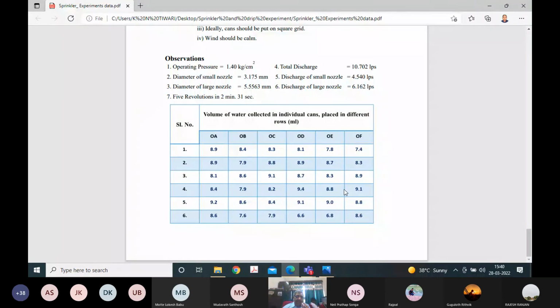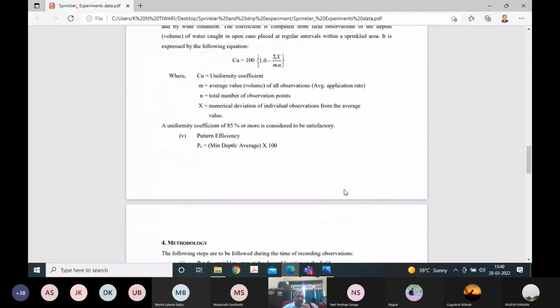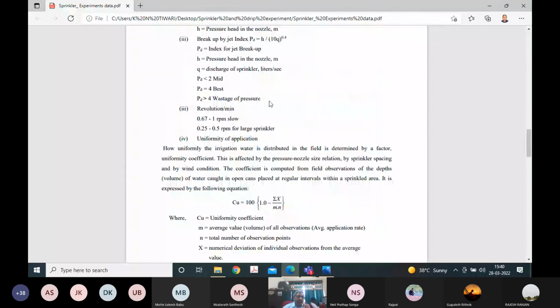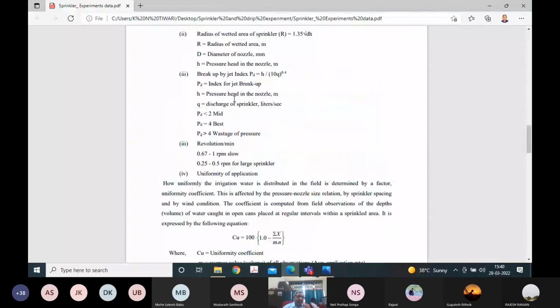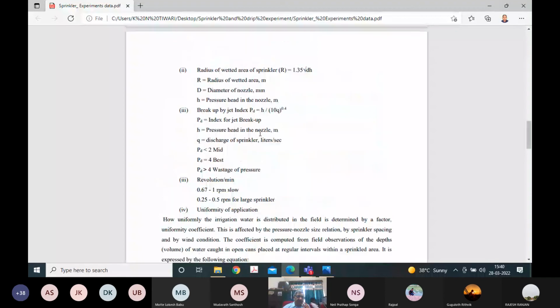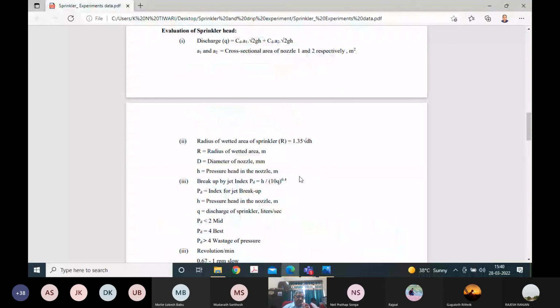What else do we have to find out? Pattern efficiency, yes. You find out what the PD is, the breakup index. And similarly, because this value we have not measured here, data is not available, but you can estimate it using the empirical formula.